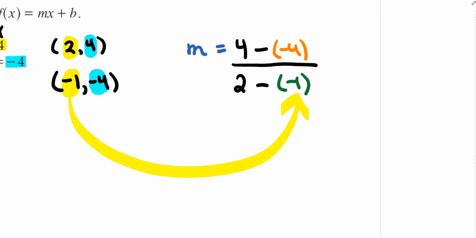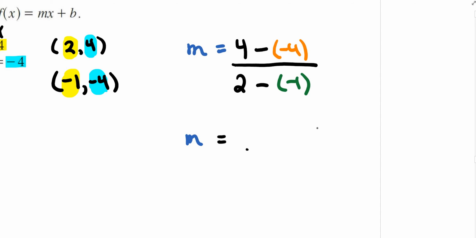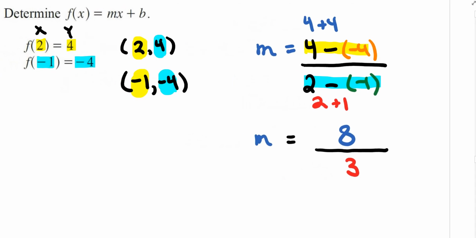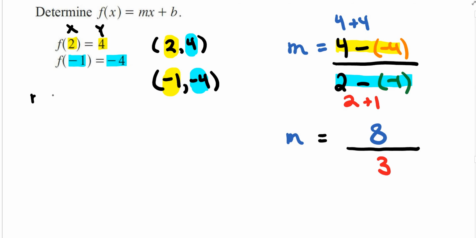Okay, and then from there, basically you just need to calculate the numerator and the denominator here. So this is 4 minus negative 4. That's the same thing as 4 plus 4, which is 8. And then on the denominator here, I have 2 minus negative 1, which is the same thing as 2 plus 1, and 2 plus 1 is going to be 3. So my slope here is going to be 8/3. Okay, so let's go ahead and write that down. My slope is equal to 8/3.